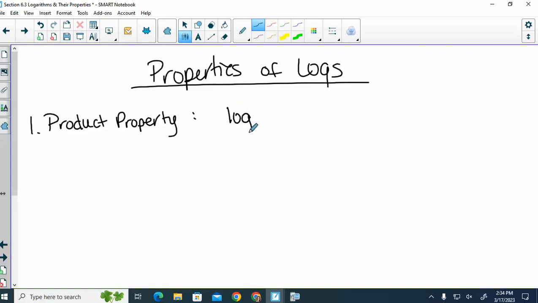It says if you have log base a of x times y, so if you have the log of two things multiplied together, you can break them apart and add their individual logs.